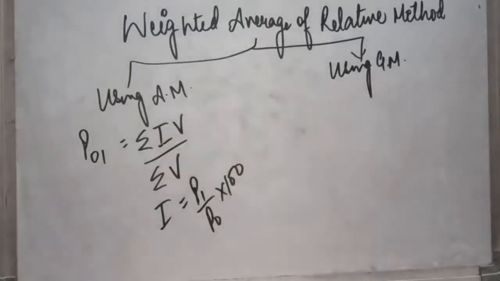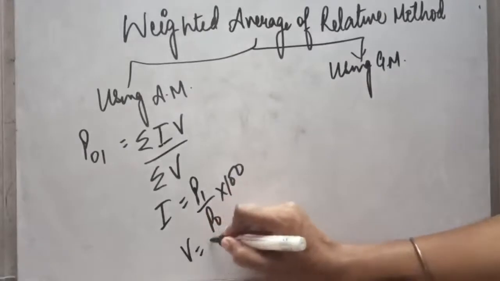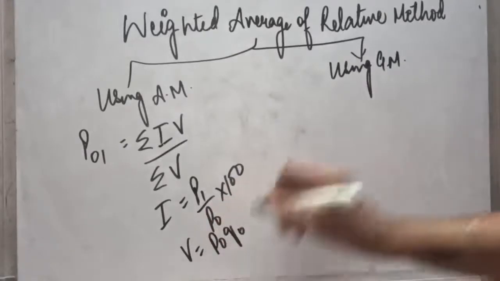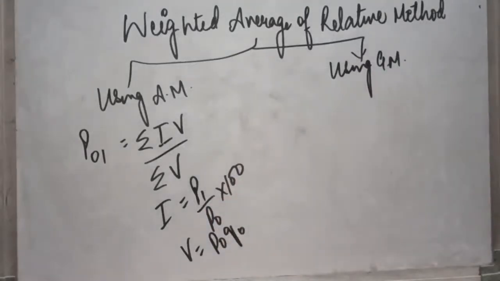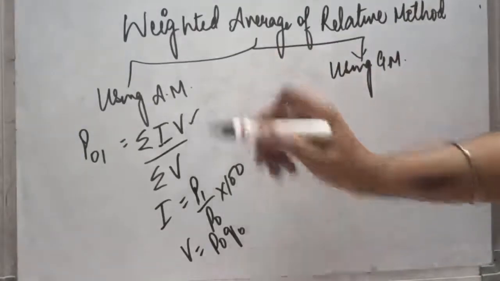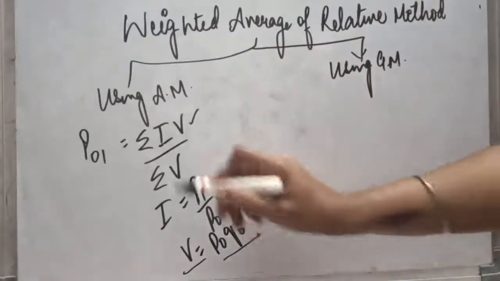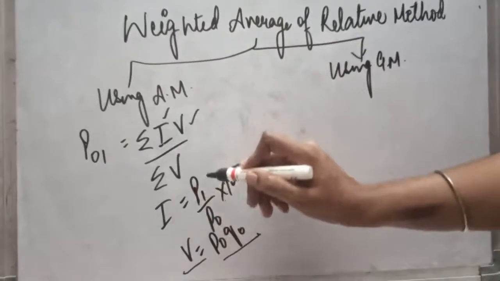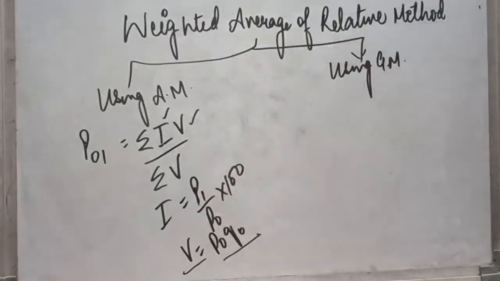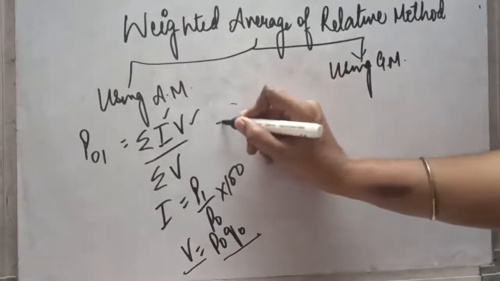V will be our weights, and weights here, V, stands for P0 Q0. So for the calculation of V, that is value P0 Q0, and for the calculation of I, the formula is P1 divided by P0 into 100.